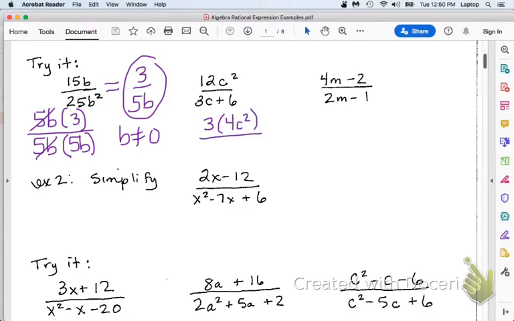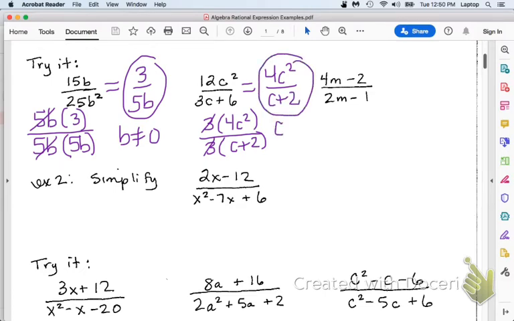We can factor out a 3 from the denominator, and we're left with c plus 2. The 3's cancel. All right, and we are left with, in simplified form, 4c squared over c plus 2, meaning that there's no other common factors.